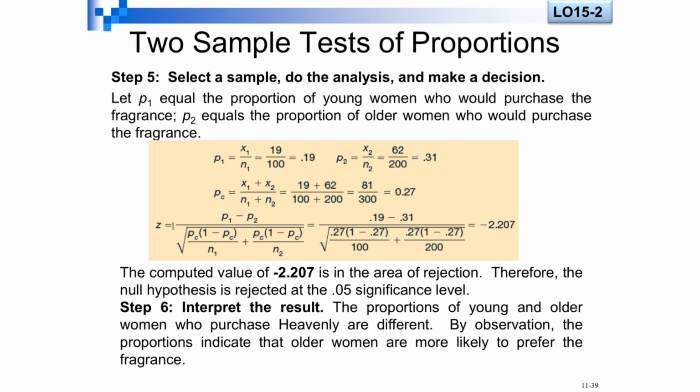Now we have the value from the formula, we have the value from the table, we compare them together and see whether the value from the formula is in the rejection area or in the acceptance area. This minus 2.2 is greater than 1.96, right? So it means that it is in the rejection area. So we have to reject our null hypothesis and accept our alternative hypothesis.